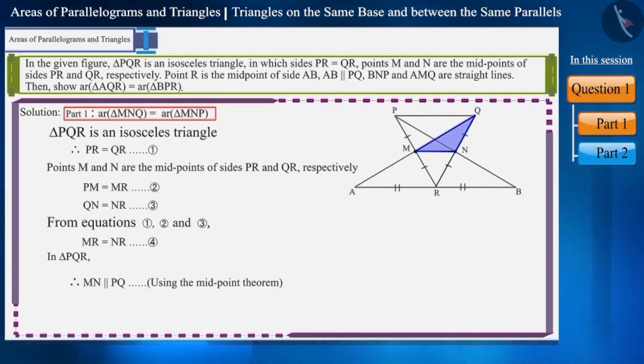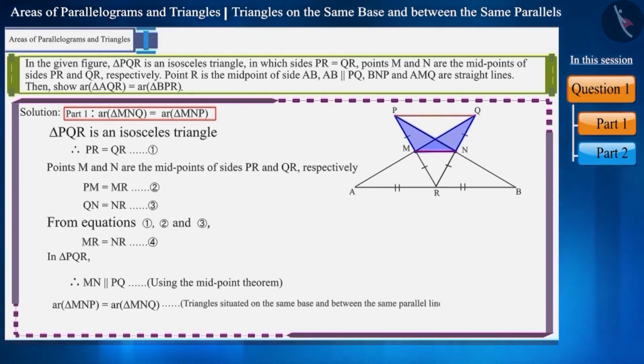Triangle MNQ and triangle MNP have a common base MN, and therefore their areas will be equal, because we know that triangles situated on the same base and between the same parallel lines have the same area. Let's call this equation 5. And here we have proved the first part of the question.